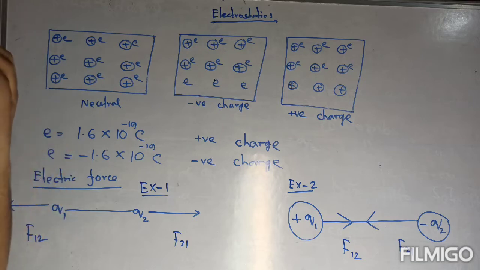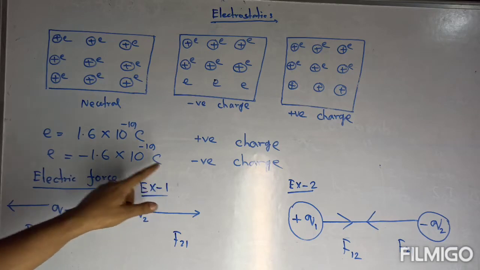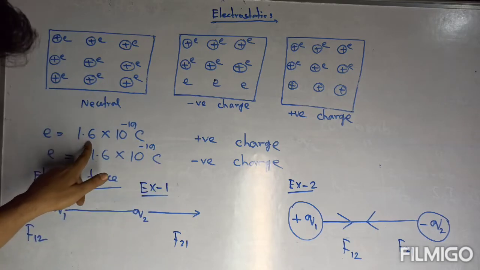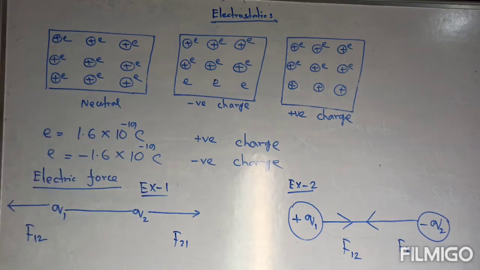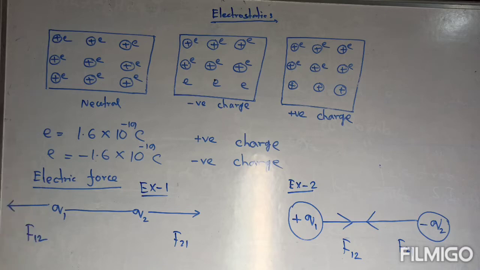Charge of one electron is minus 1.6 times 10 to the power minus 19 coulomb. Charge of one proton is plus 1.6 times 10 to the power minus 19 coulomb. Magnitude is the same. For a proton, the charge is positive, and for an electron, the charge is negative.